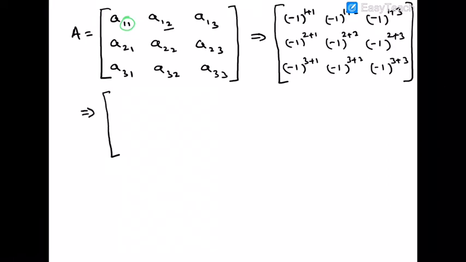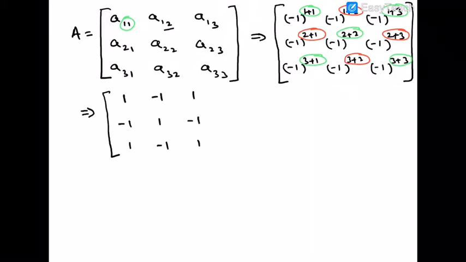So, as we can see, all even powers will give us plus 1 and all the odd powers will give us minus 1 here. So we will get 1, minus 1, 1, minus 1, 1, minus 1, 1, minus 1, 1, or simply plus minus plus, minus plus minus, plus minus plus.